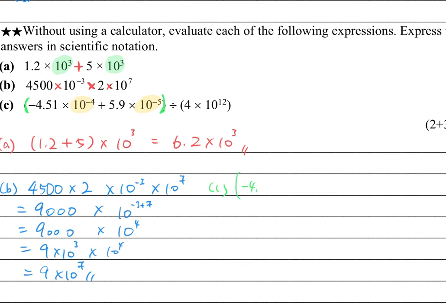One suggestion is we may change the 10 to the power 5 to 10 to the power 4. So now they have the same power of 10, so we can add them together.